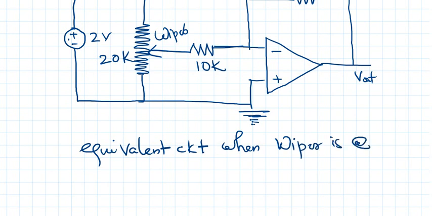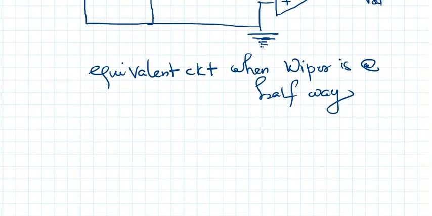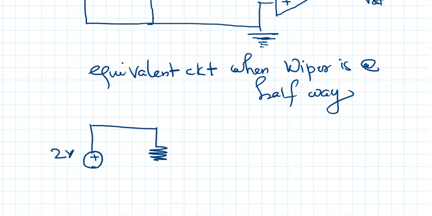So we can have a 2 voltage supply, and above this there is a 10K, and below this there is a 10K.